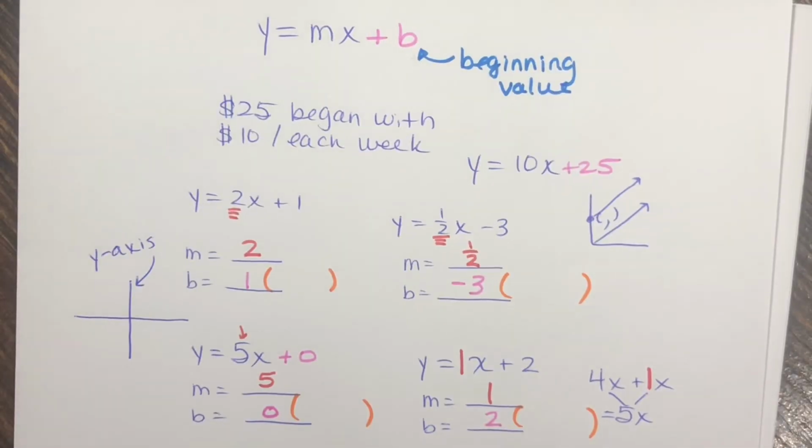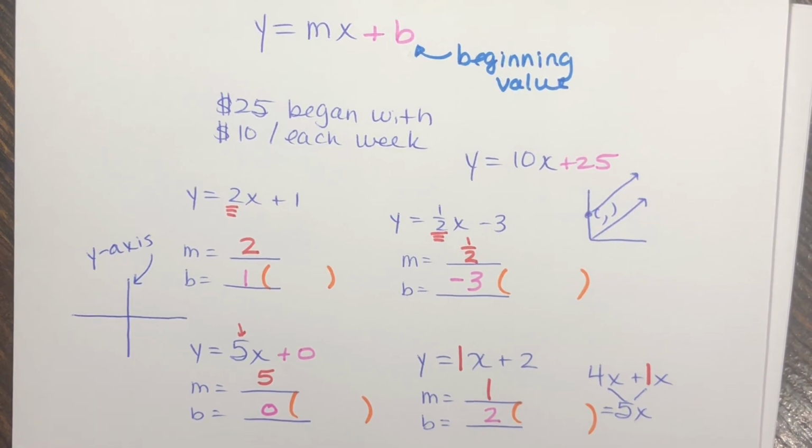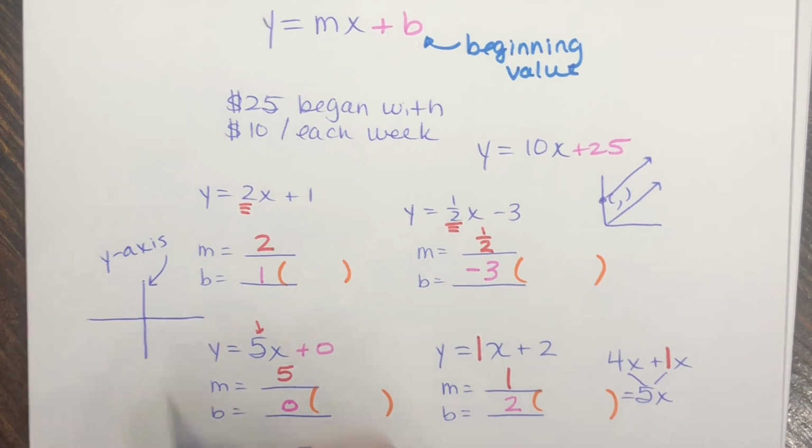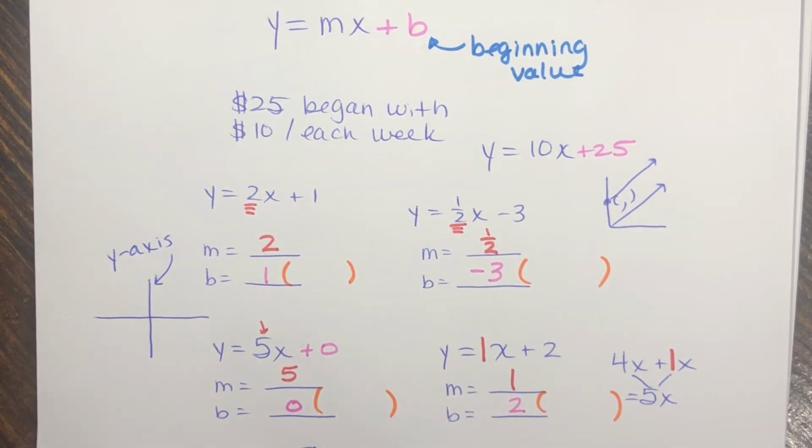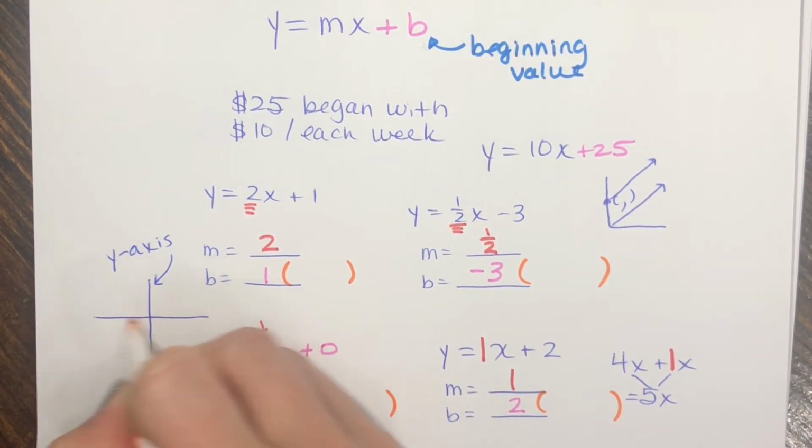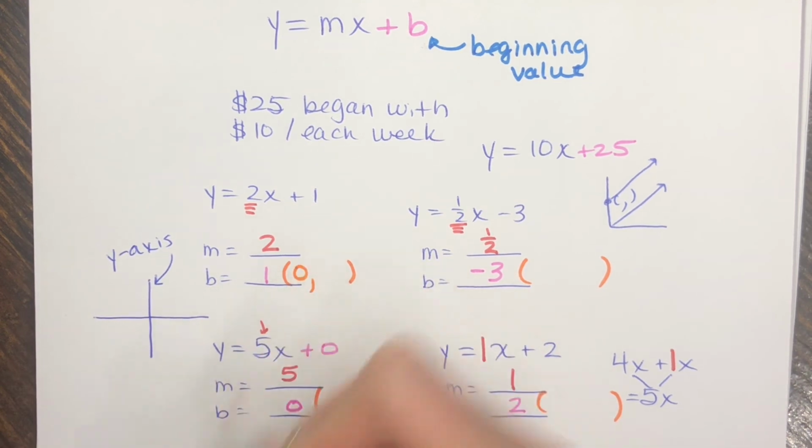So we go back to, I don't know if you remember when we graphed those little pumpkin things where we plotted a bunch of points and we connected them to make a picture. Well, hopefully you remember that if it was on the y-axis, the x movement, our horizontal movement, was 0.